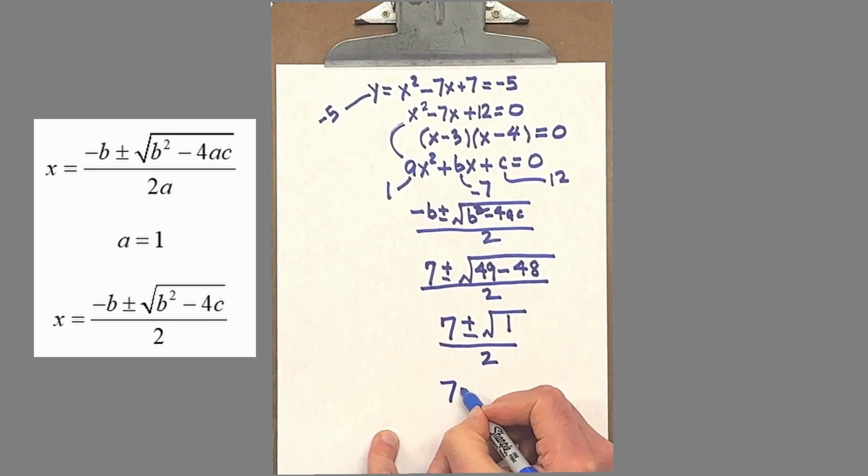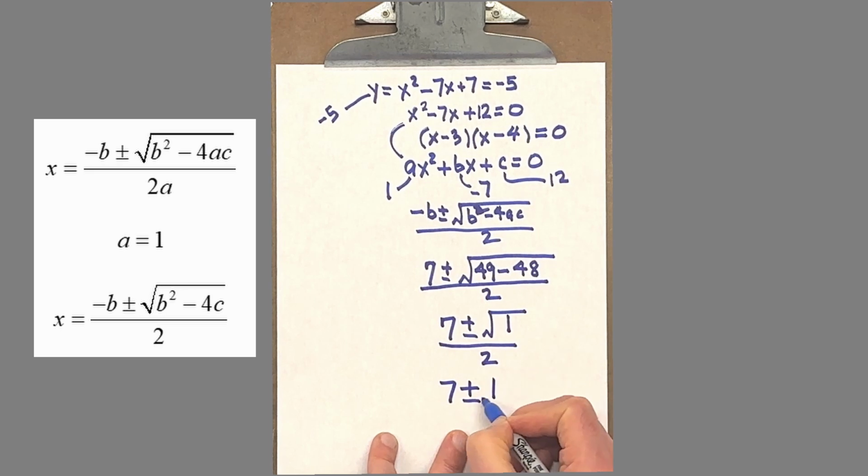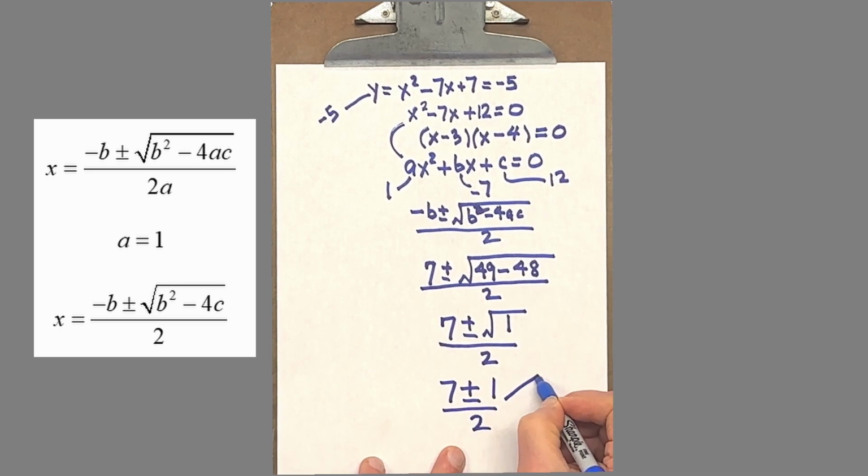And this would be 7 plus or minus 1 over 2. If we take the plus sign, you'd have 7 plus 1 over 2, and that would be equal to 4. And if you take the minus sign, you would have 7 minus 1 over 2, and 6 divided by 2 would get you your 3.